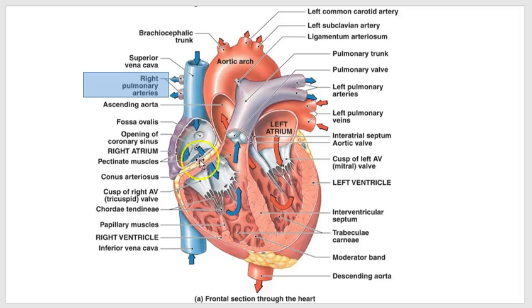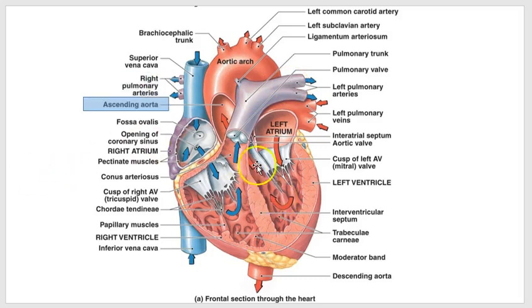So as the blood leaves this right ventricle, it pumps from the right atrium down into the right ventricle and then out through this pulmonary trunk. And then that trunk splits into the left and the right pulmonary arteries to go to the lungs. These are carrying deoxygenated blood. Still arteries though, because they're going away from the heart.